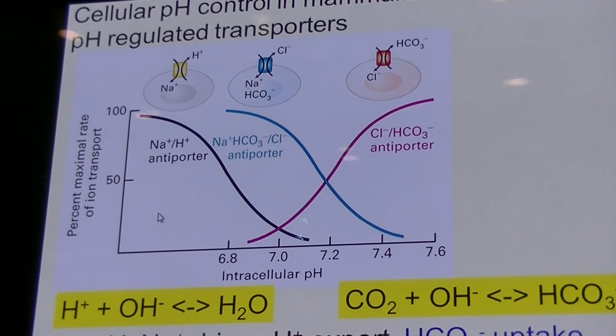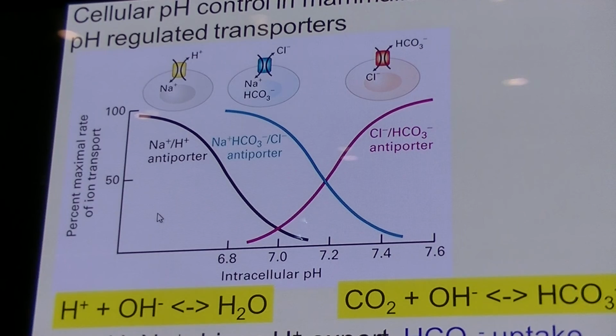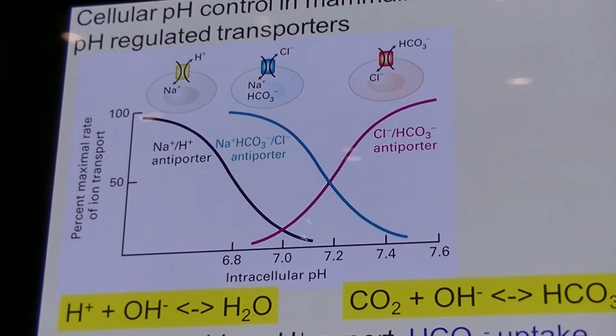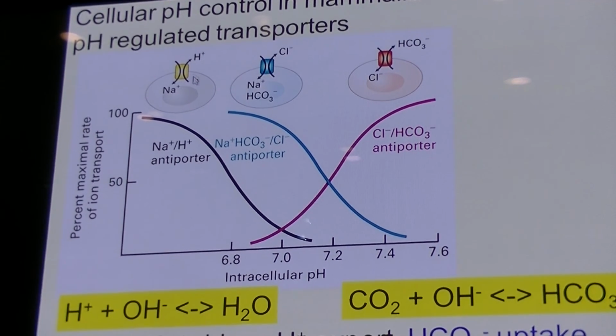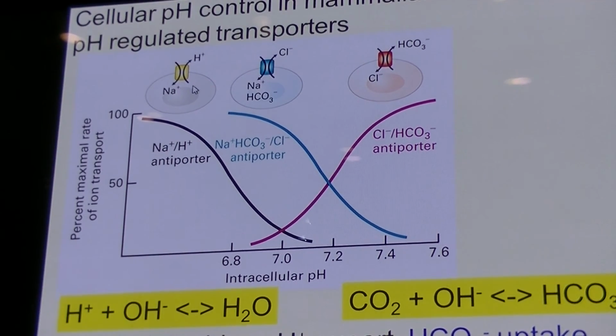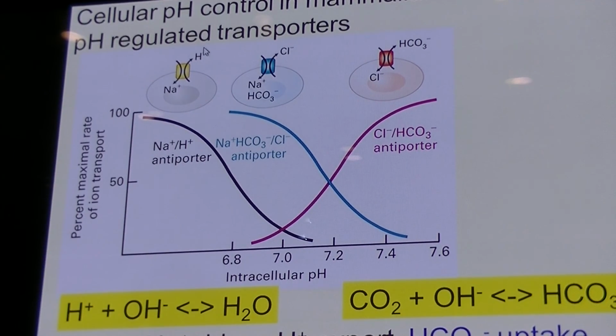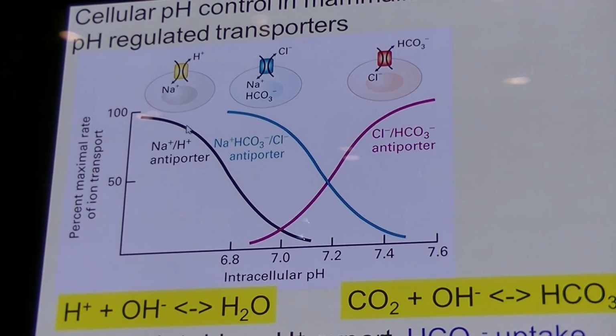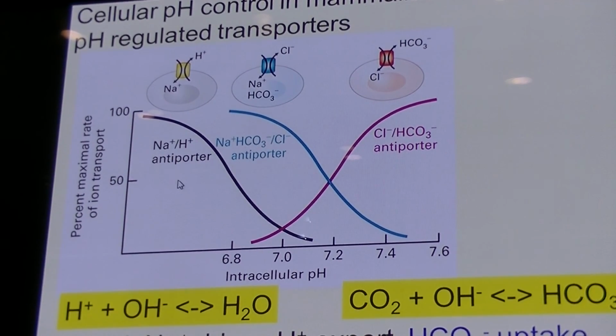So if we're at a lower pH, we have more protons in our cells. We need to get rid of the protons. So in that condition, it makes sense to have a transporter active that uses the sodium gradient to move a proton out. And that transporter is especially active when the pH is too low and there's excess of protons.